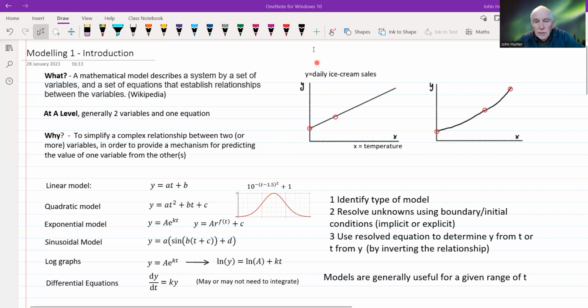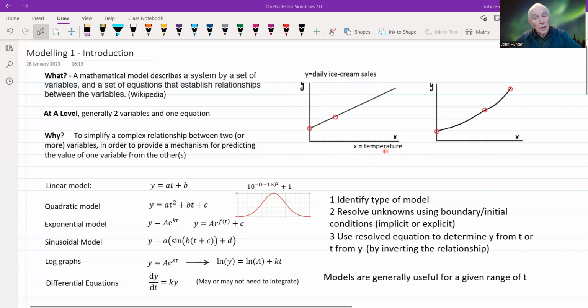Okay, so if we just have a look at a simple example here, say we're trying to model the relationship between daily ice cream sales, imagine you've got an ice cream stall and you're selling ice creams, and the temperature.